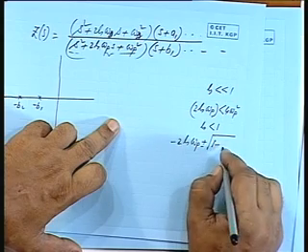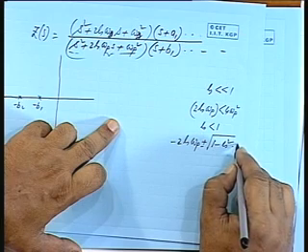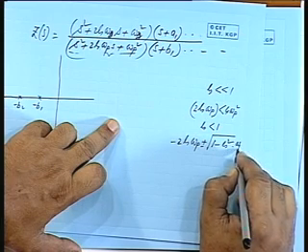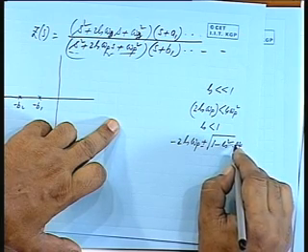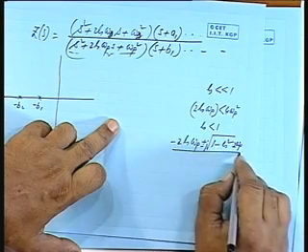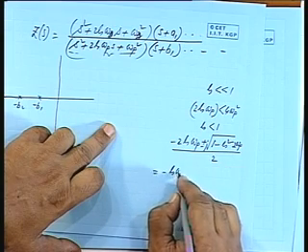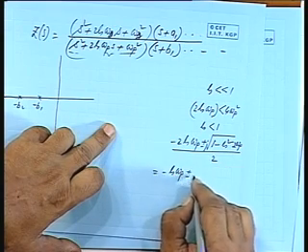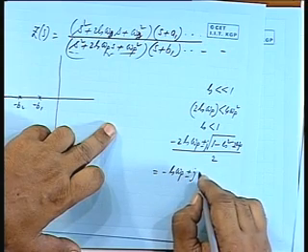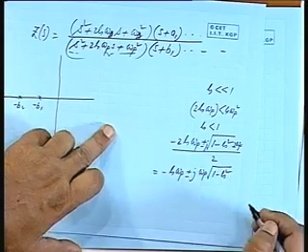1 minus zeta squared into omega p into 2 outside, into j divided by 2. So, that will be minus zeta omega p plus minus j omega p into the square root of 1 minus zeta squared.